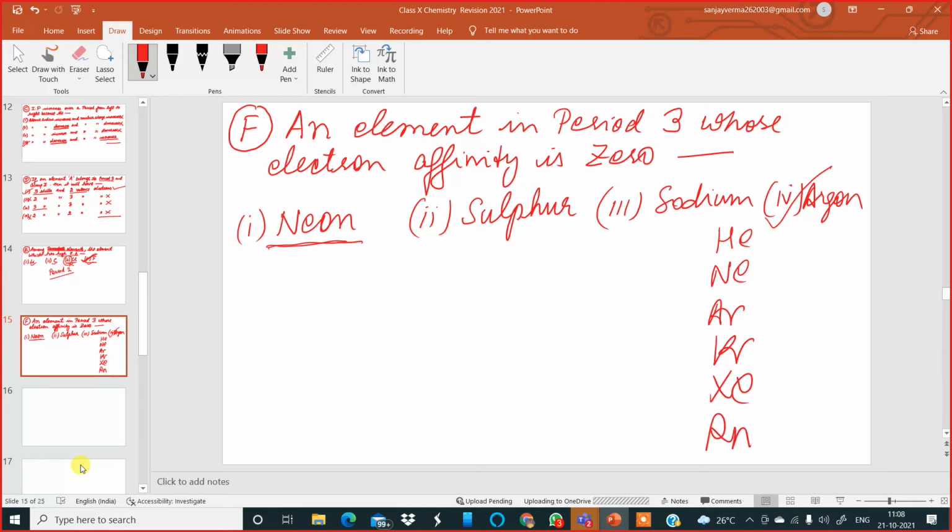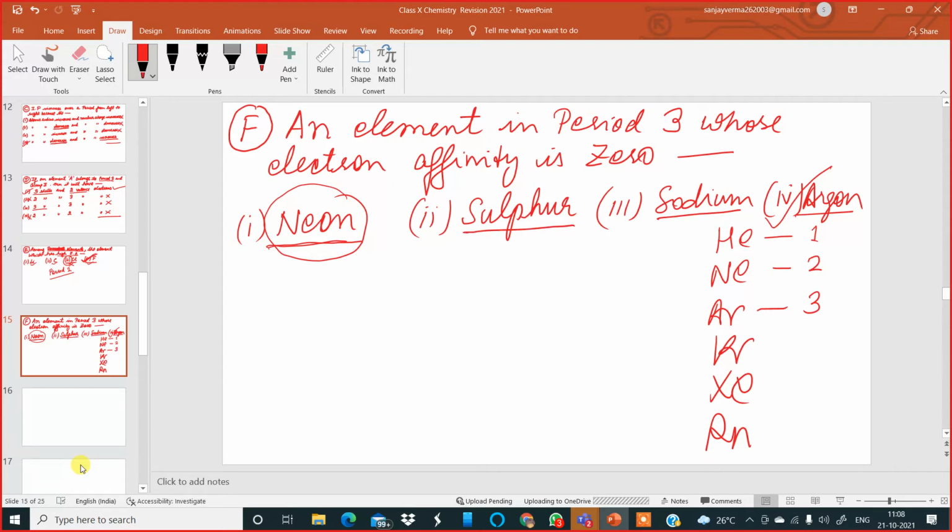Now, this is period 3, no? Does neon belong to period 3? No, sir. So helium is period 1, neon is period 2, argon is period 3. That means argon is period 3, sodium is also period 3, sulfur is also period 3.